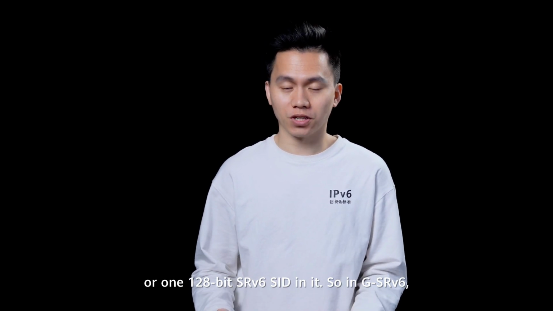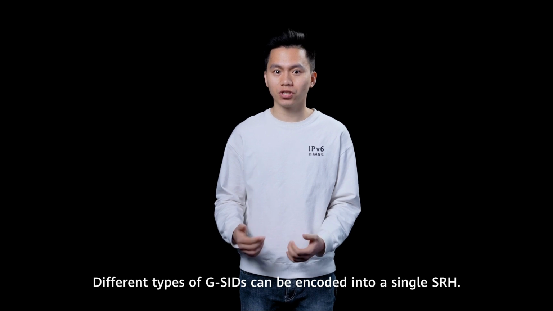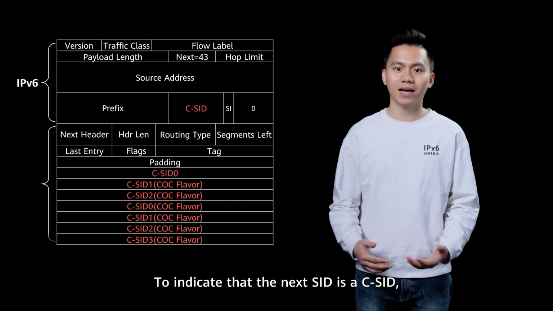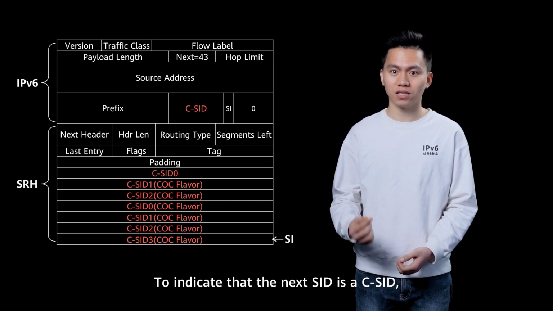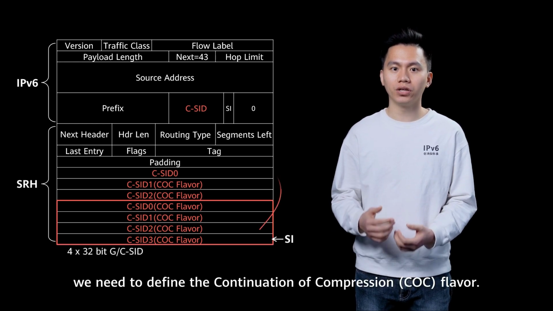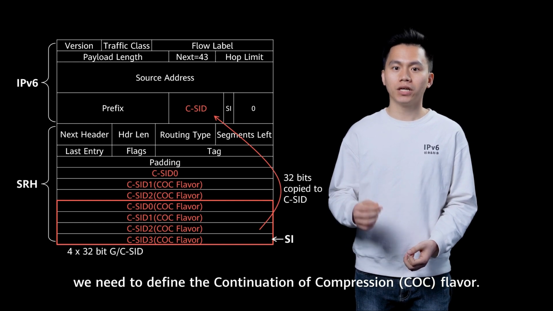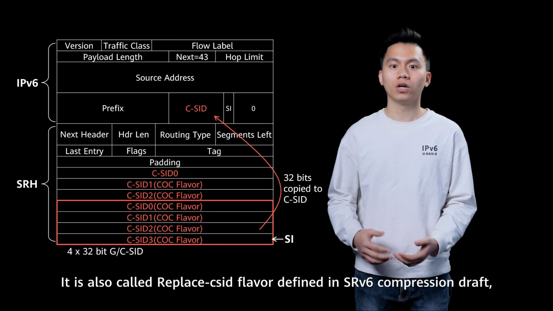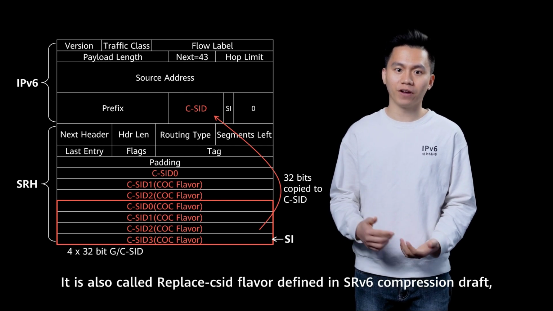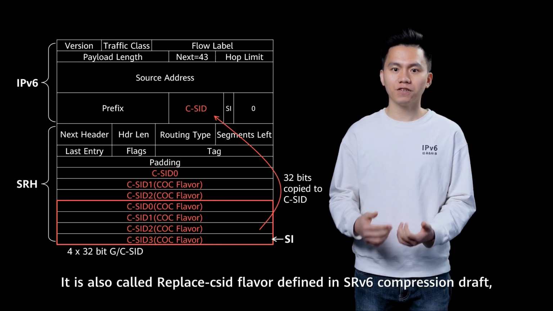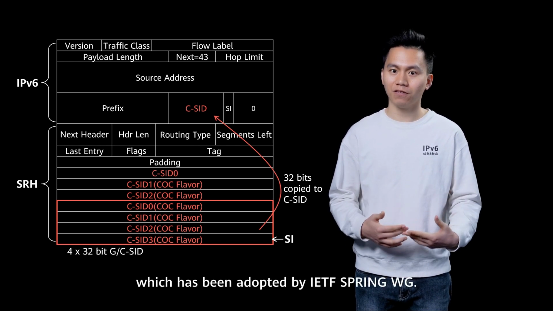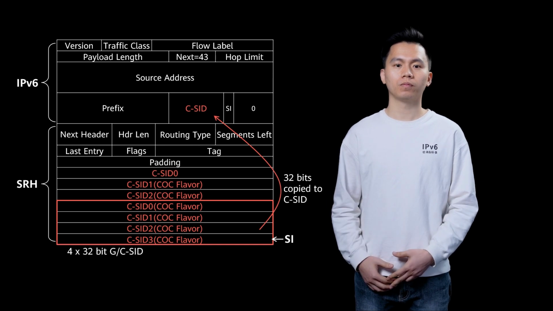So in G-SRv6, different types of G-SID can be encoded into a single SRH. To indicate that the next SID is a C-SID, we need to define a new flavor. We call it the continuation of compression flavor, also called replace C-SID flavor, defined in the SRv6 compression draft, which has been adopted by the IETF SPRING Working Group.